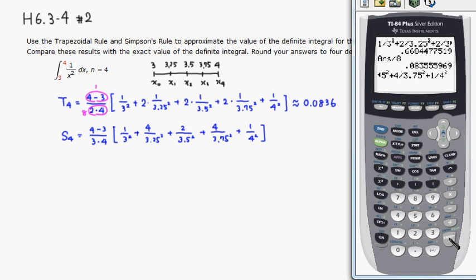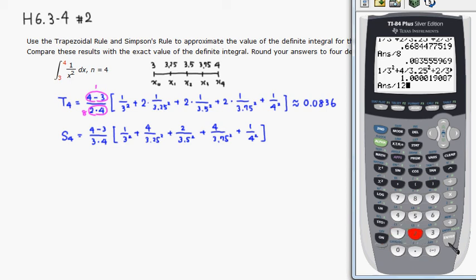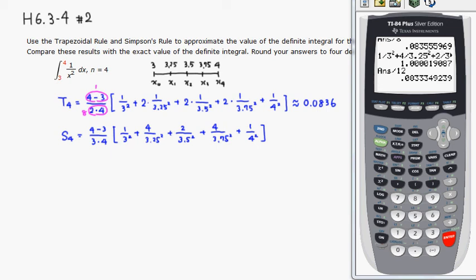So get that value. Then we just have to divide it by 3 times 4, so 12. So this is going to be about 0.0833. So that will be the S4.